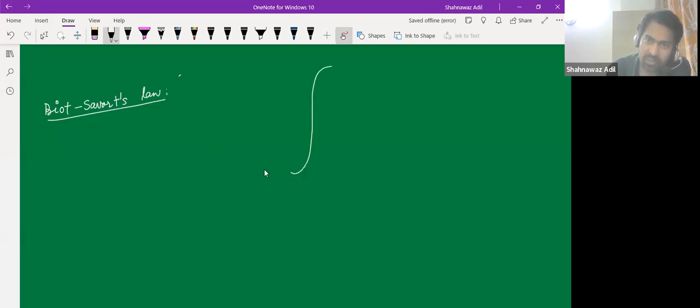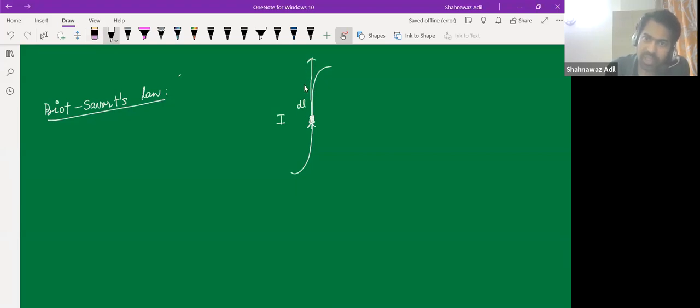Let's say we have this wire and some current is flowing in this wire. So we took a small length element dl which was in this direction, right? Tangential to this one.